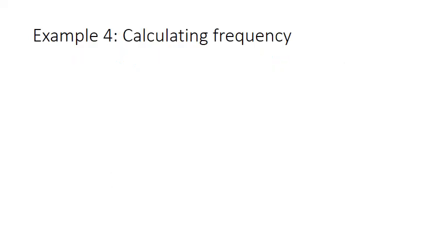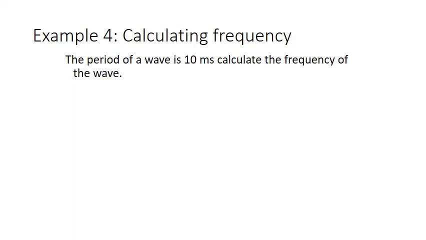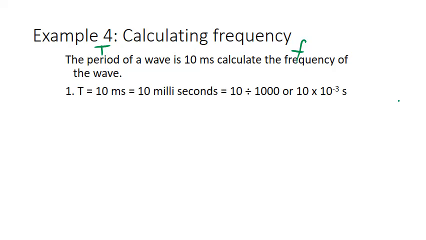So finally, calculating the frequency. T, the period of a wave, is 10 ms. Calculate the frequency. The period is 10 ms, m means milli, so 10 divided by 1,000 seconds, or 10 times 10 to the minus 3 seconds.